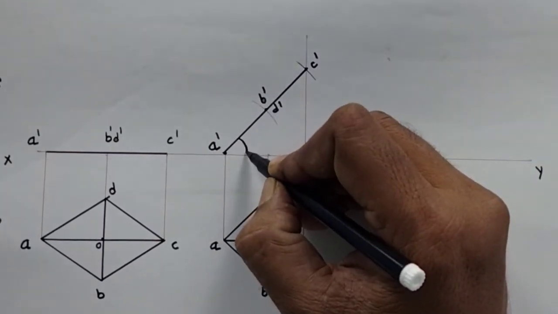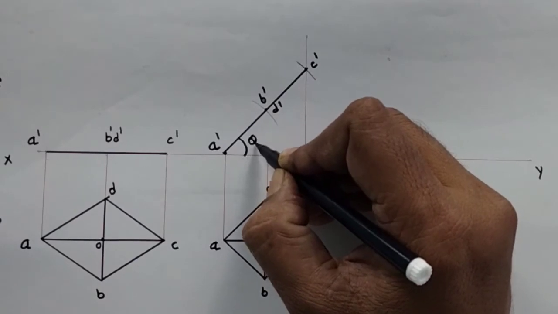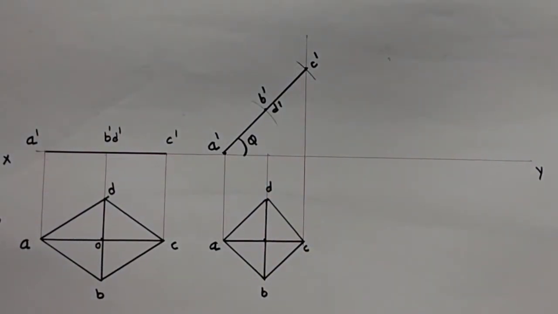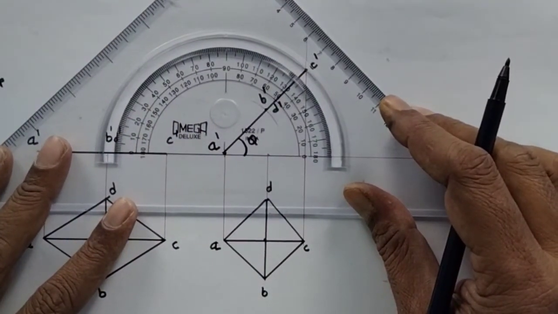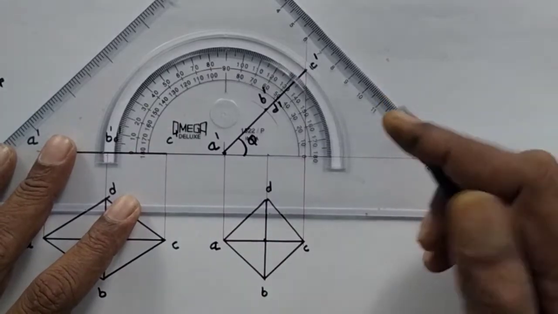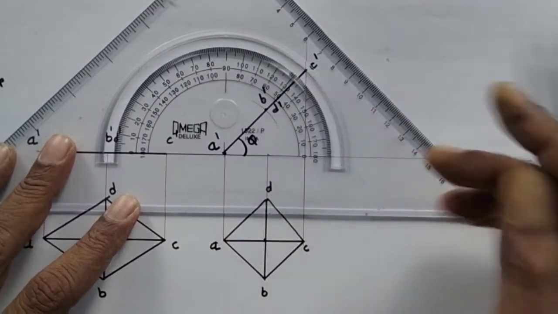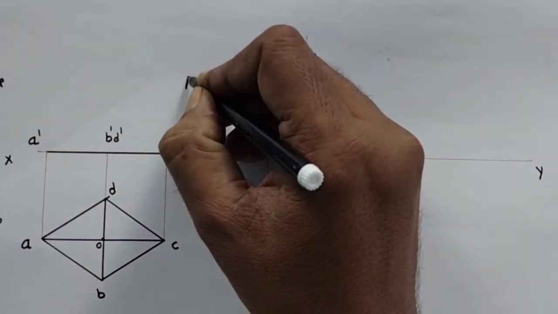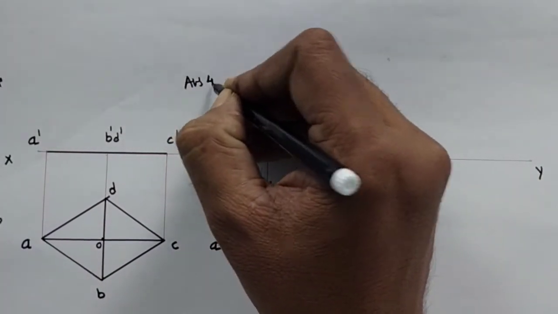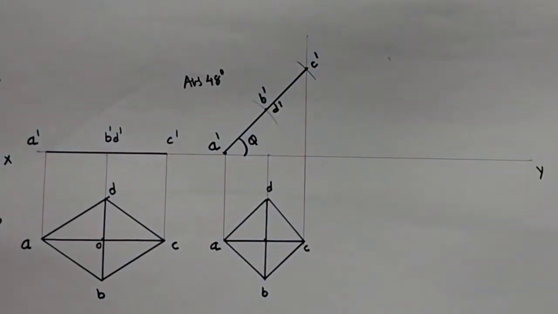Now measure this angle theta. The AC diagonal inclined to HP, or the surface inclined to HP, that is 48. So I can write the answer: 48 degree.